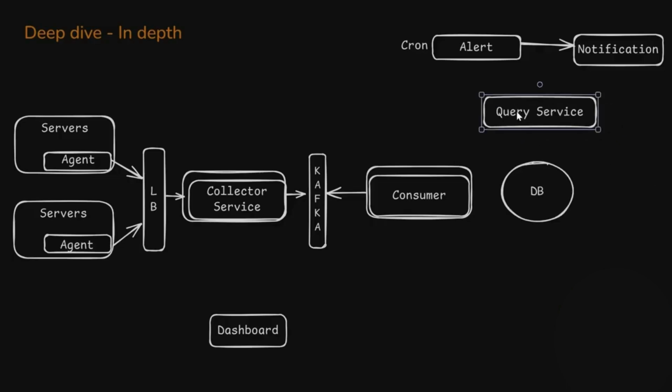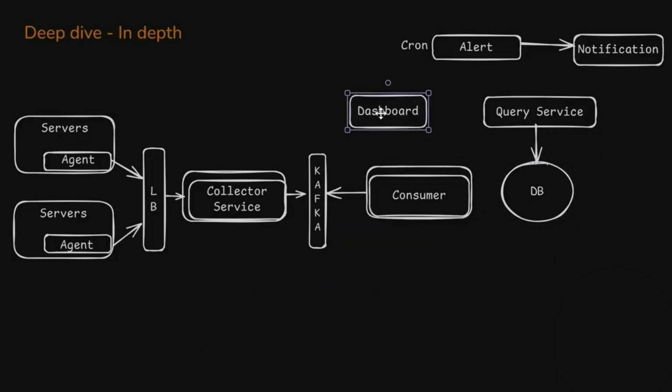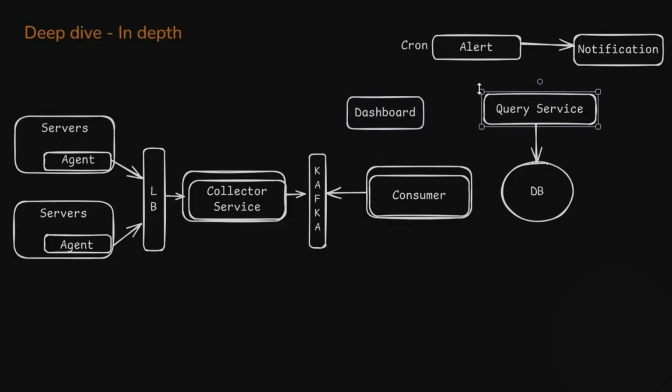This query service can make the range query, like for a specific machine from such and such date and time. This database should be highly optimized to serve the large range queries that can be populated into this dashboard. So we can propose something that should support large range queries.